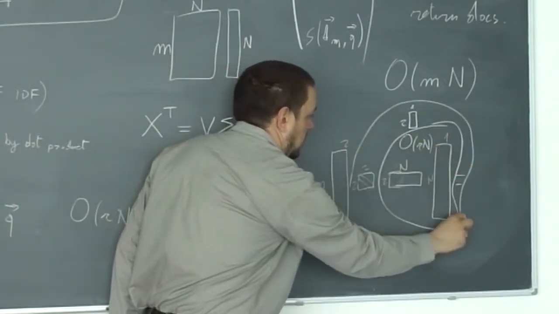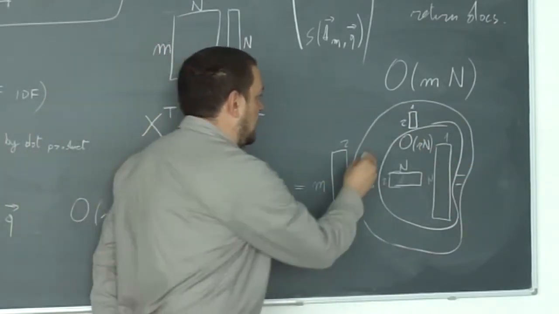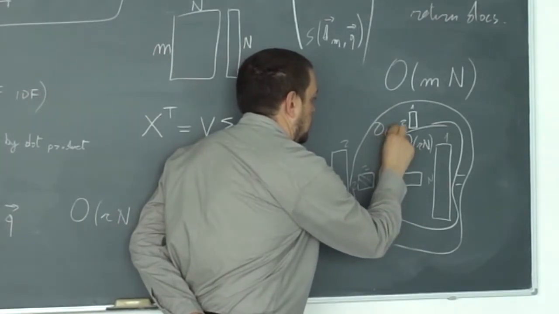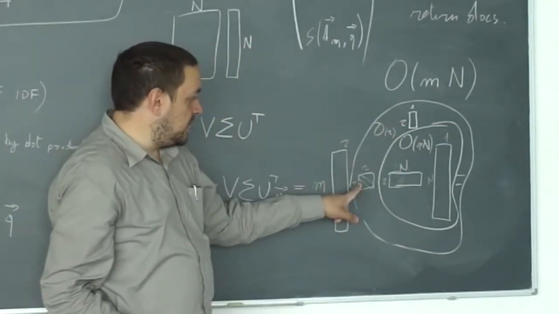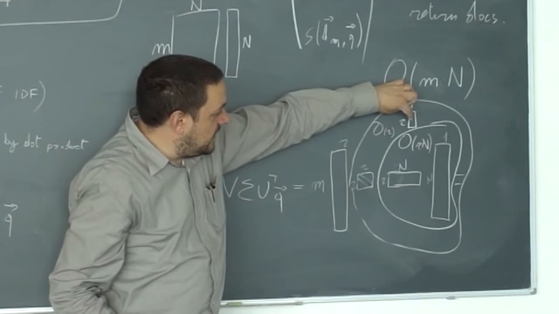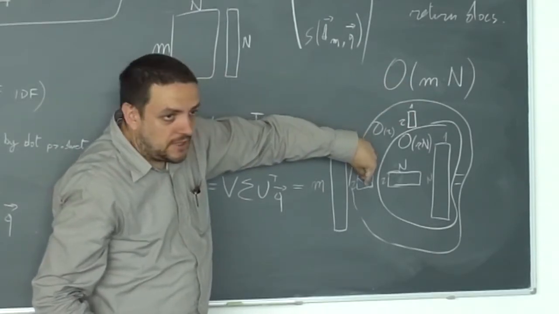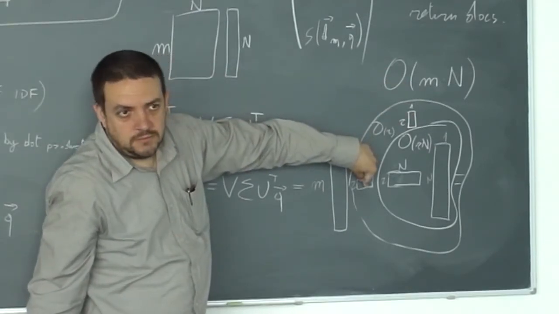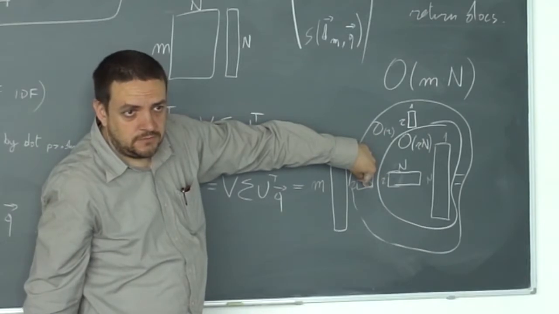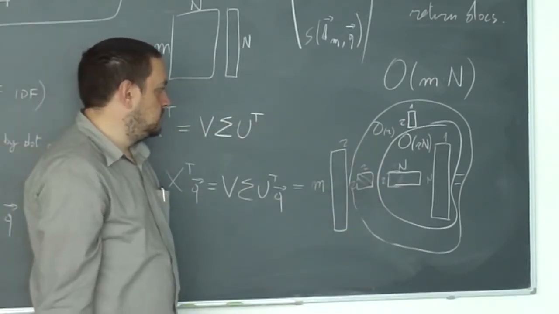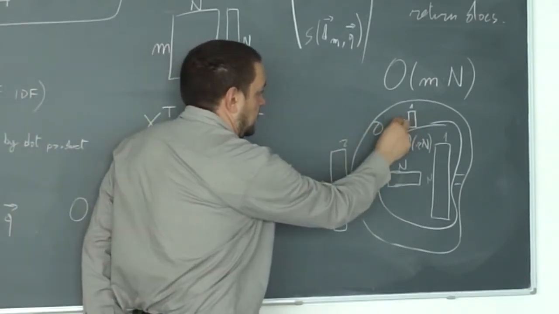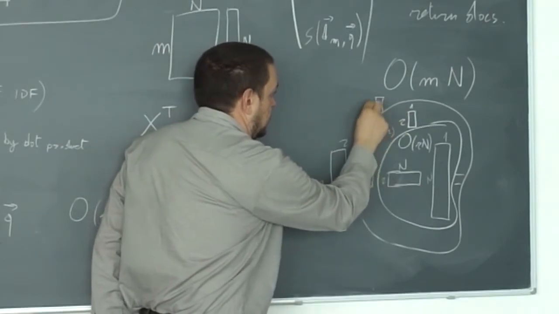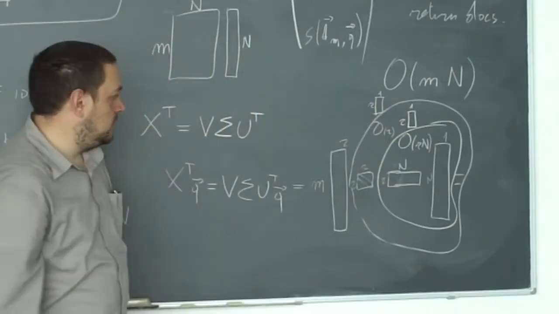This is done in R multiplications. Simply, every element of this vector is multiplied by the corresponding eigenvalue here. And what I get is again an R by 1 vector.